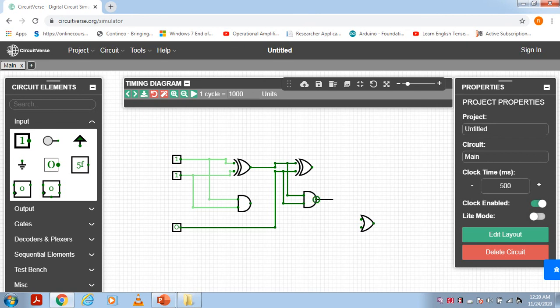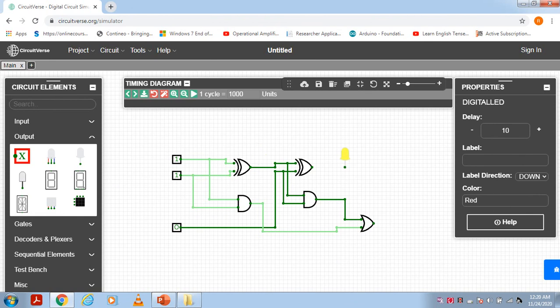Now this output is connected to the OR gate. Similarly, this carry output is connected to the OR gate. To check the output condition, I need two LEDs. And this is for one more LED. This is for sum and this one is for carry.